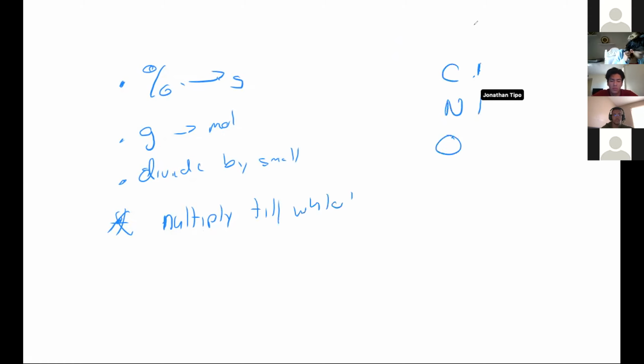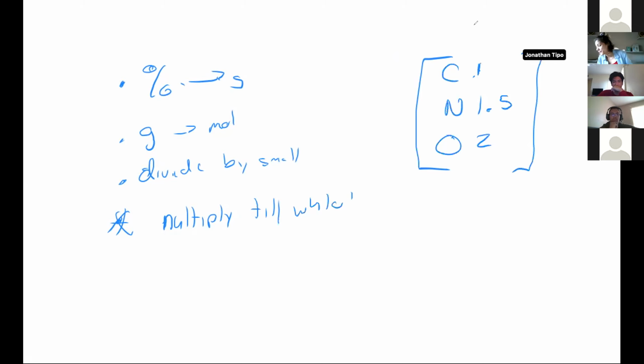If you have 1, 1.5, and 2, you're going to have to multiply. This is just if you need to. You can't have 1.5 or 0.5 of an atom of nitrogen, it just doesn't make sense. So we want whole number coefficients, which means just multiply by 2, so it's going to look something like 2, 3, 4. So: percent to grams, grams to moles, divide by small, multiply to whole.